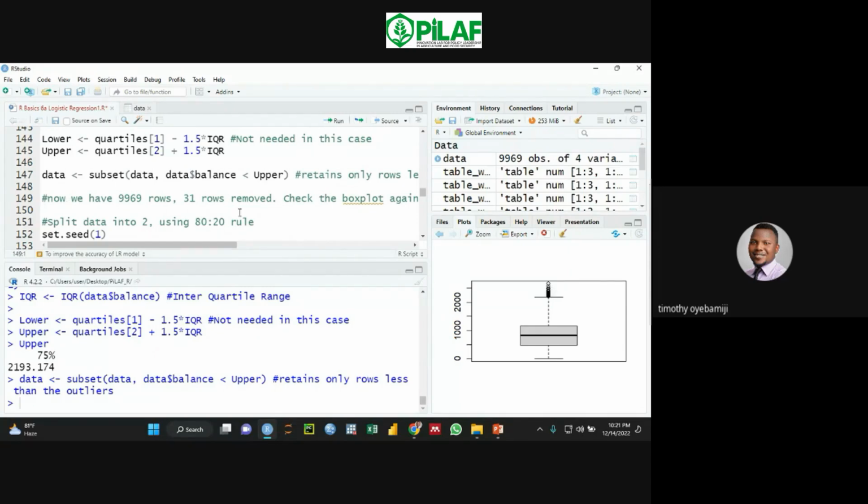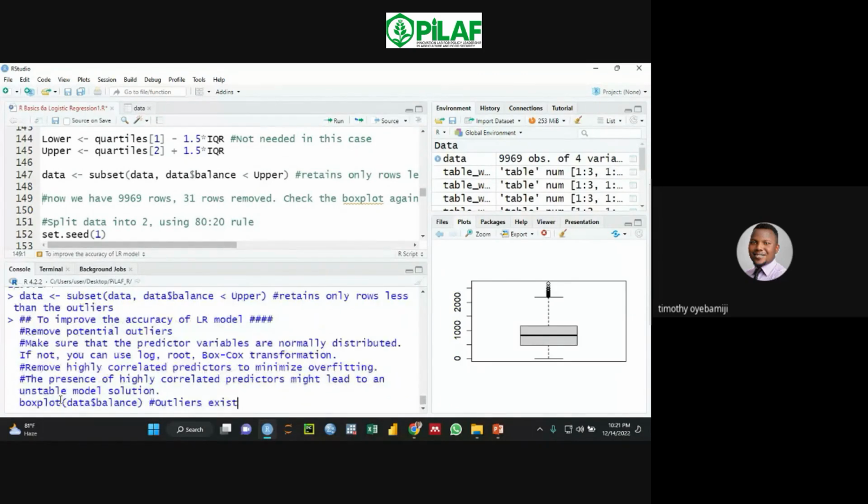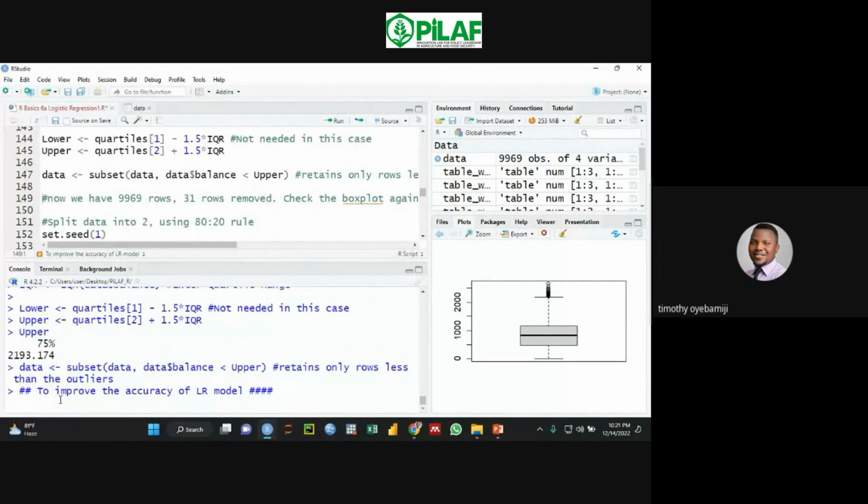All right, so what we can do is I'm going to run this box plot again and see what we have. I'm waiting for the new box plots.